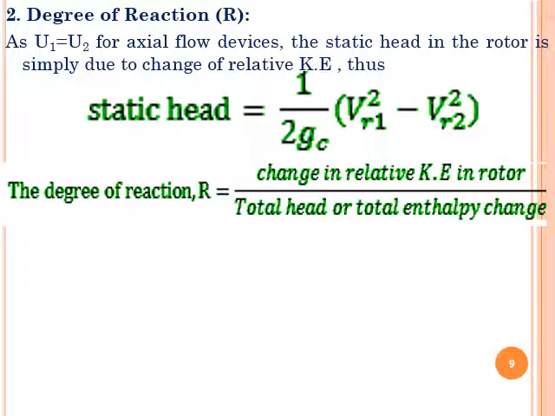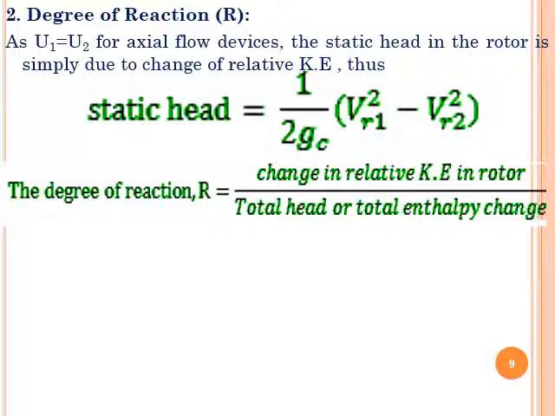The degree of reaction, denoted by R, is expressed as the ratio of change in relative kinetic energy in the rotor to the total head or total enthalpy change. Simply, the degree of reaction is the ratio of the static head to the total head.